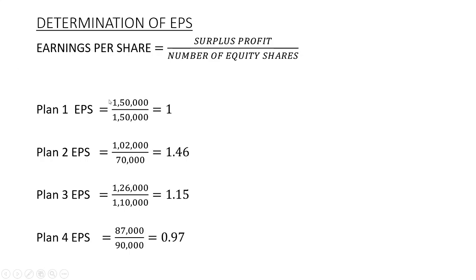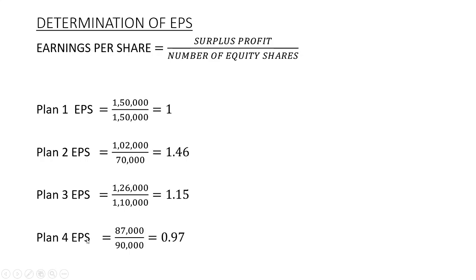In the first case, surplus profit 1,50,000 divided by number of equity shares 1,50,000 equal to 1. Second plan 1,02,000 divided by 70,000, rupees 1.46. Plan 3 EPS 1,26,000 divided by 1,10,000, which is equal to rupees 1.15.